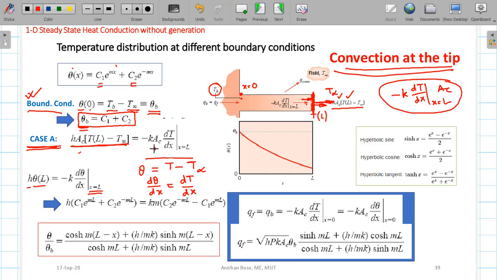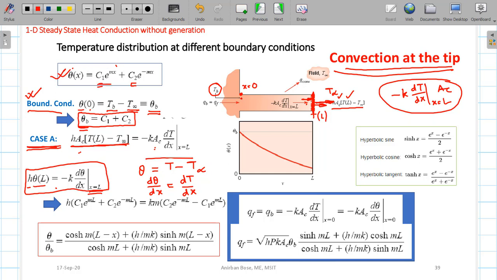So this is what we are getting. Now you simply put this result, because you already know what theta is. So write what d theta/dx is and put x is equal to L in the expression, and that you write as h into theta at x is equal to L.